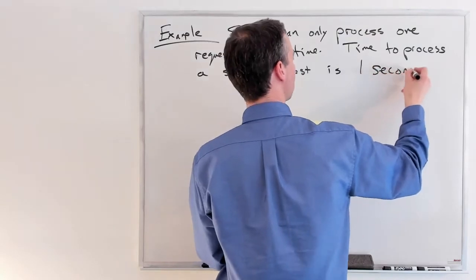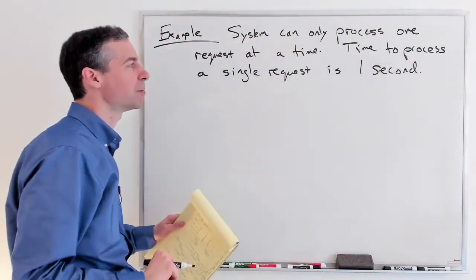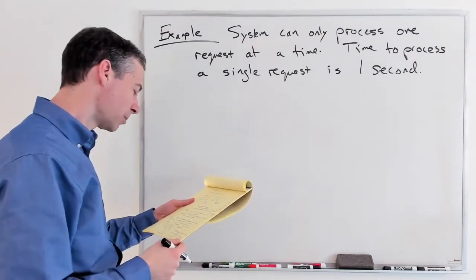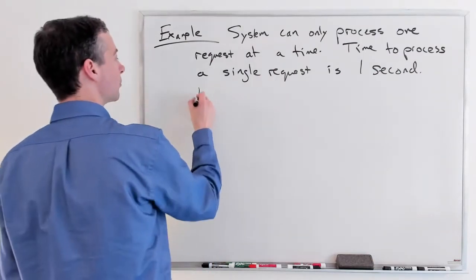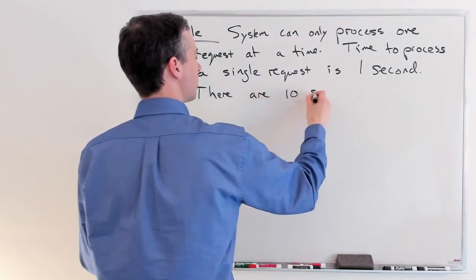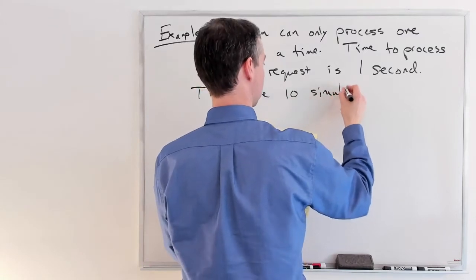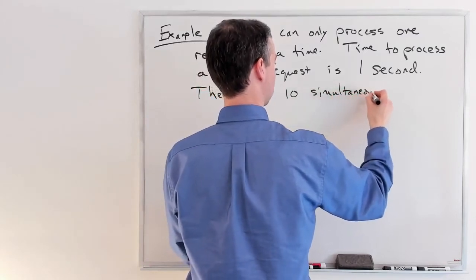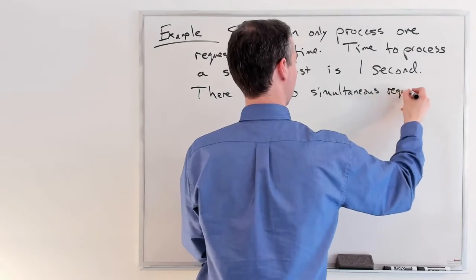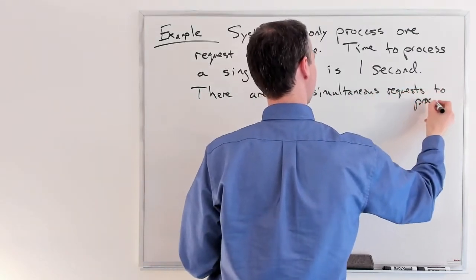We have a very slow web server, but 1 second is a very convenient amount of time to have an example on. Let's say there are 10 simultaneous requests that come in. So we need to process 10 simultaneous requests.